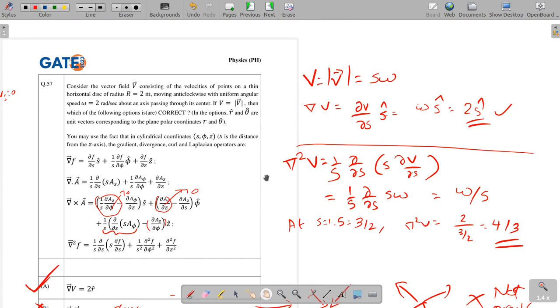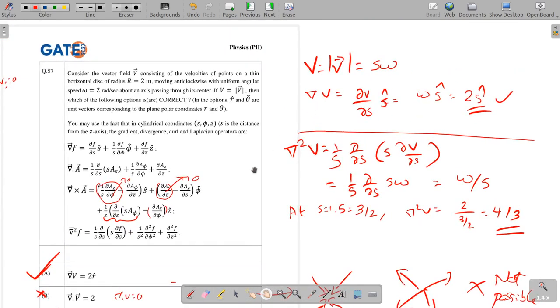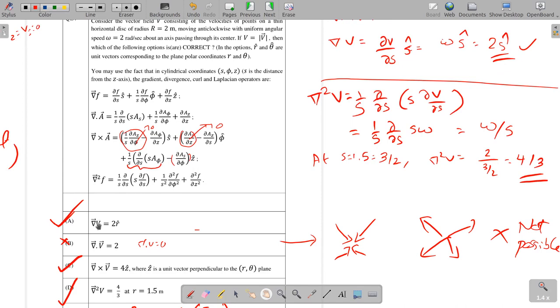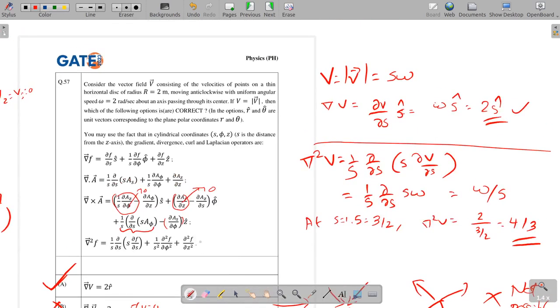We look at the gradient. The gradient is given here, dou f by dou s, and you have to use this particular equation. The v is given as the magnitude of the velocity, so the gradient is taken of the speed. The magnitude of velocity is s omega, as we took before.